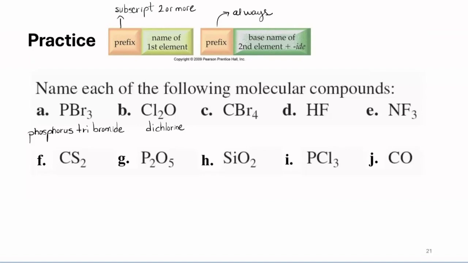I only have one oxygen. And because I only have one, and the second word always gets a prefix, the prefix for one is mono. And then the name for oxygen based on its stem and suffix "ide" is oxide.